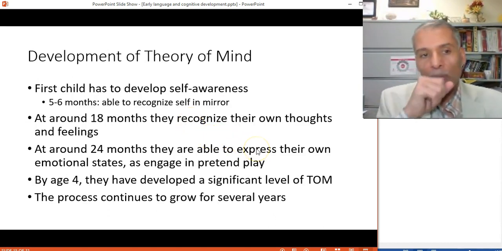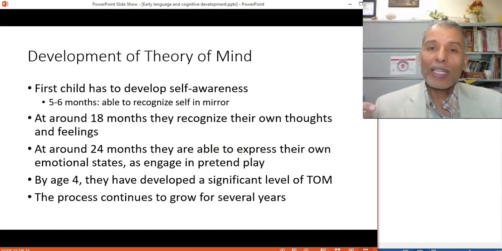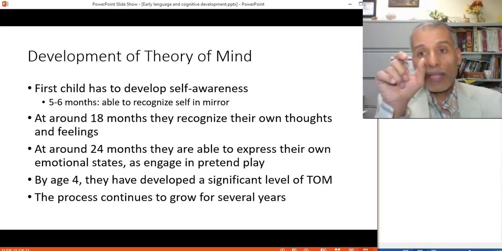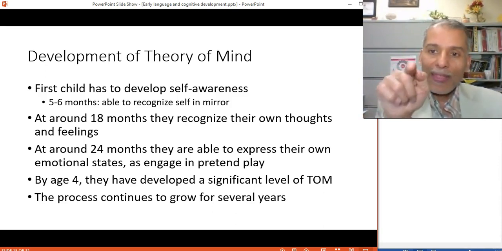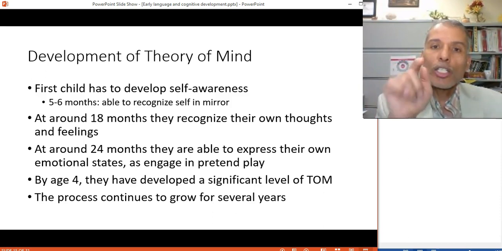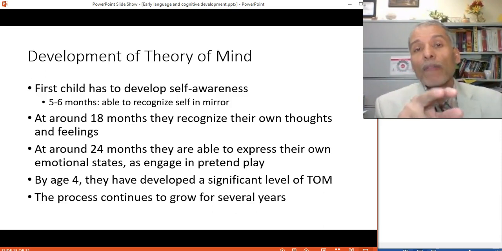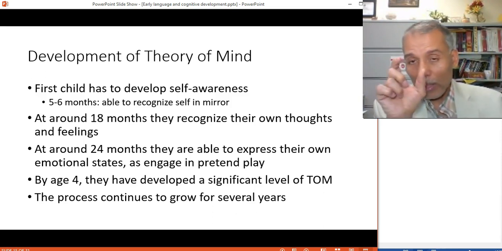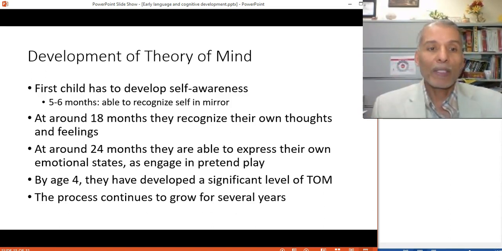So theory of mind has foundations. First, in order to understand others, you have to understand yourself first. And the first step in understanding yourself is looking in the mirror and identifying the person looking back at you as you. The baby recognizes that by about 5 to 6 months. The baby can look in the mirror and know that who is looking at him or her is themselves.